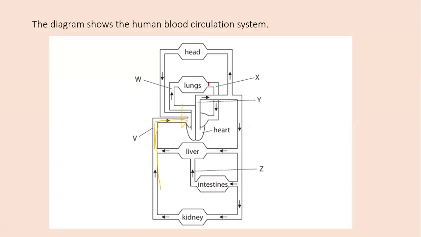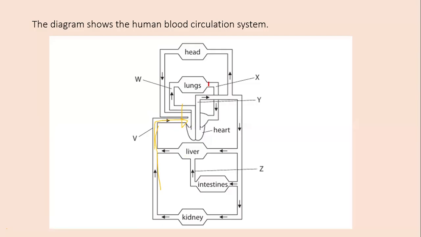It is coming from the lowest part of our body. So it carries deoxygenated blood from different organs just below the diaphragm, and it brings this deoxygenated blood to our heart.